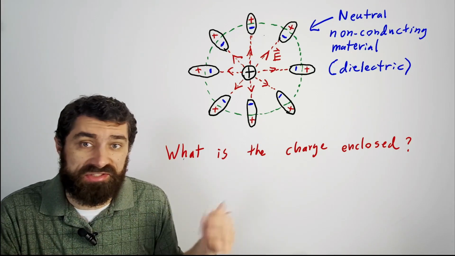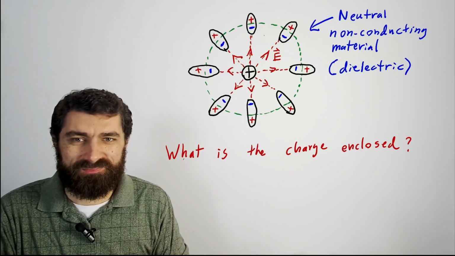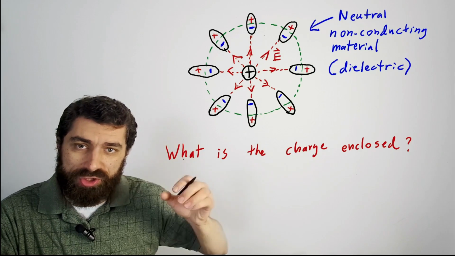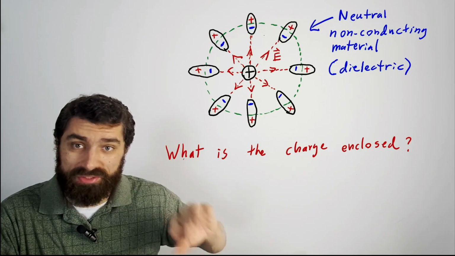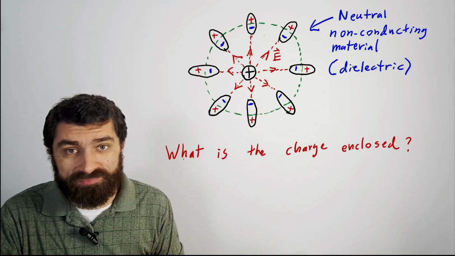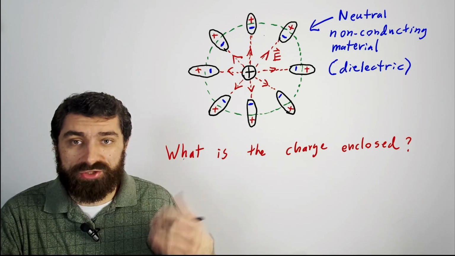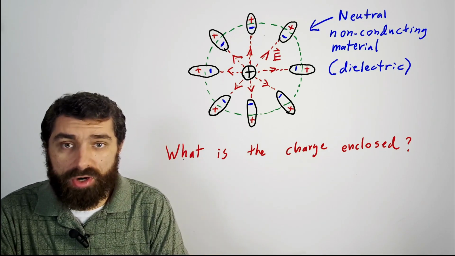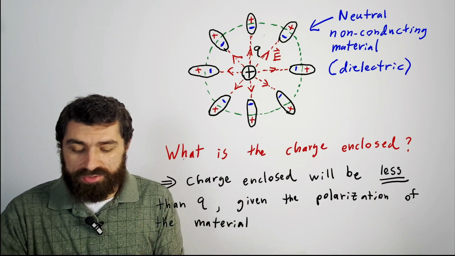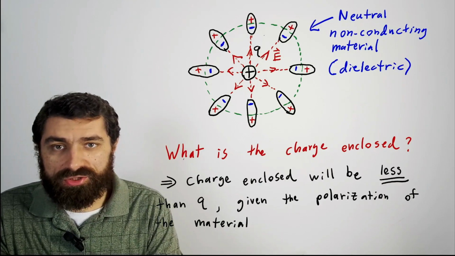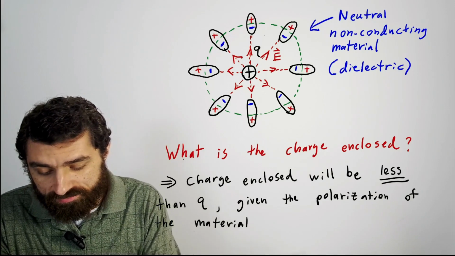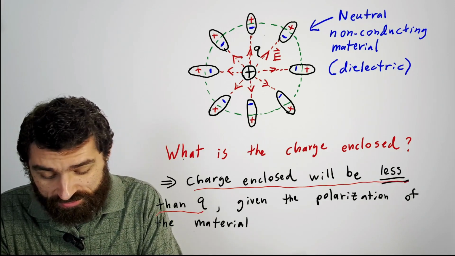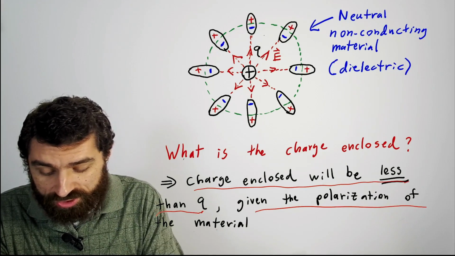But because of the polarization of the atoms and molecules within the dielectric material, you actually will have a reduction in the net charge. The charge enclosed will be less than Q given the polarization of the material.